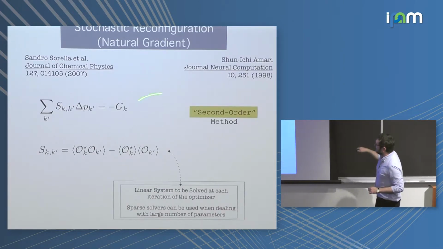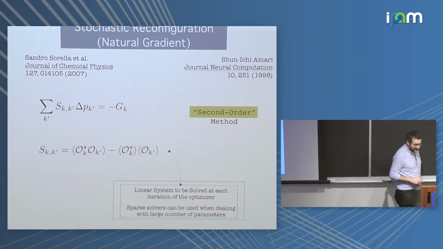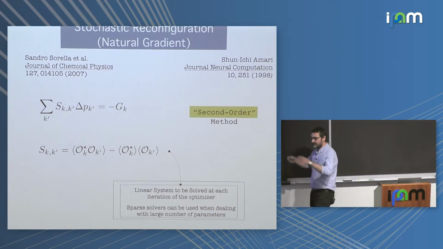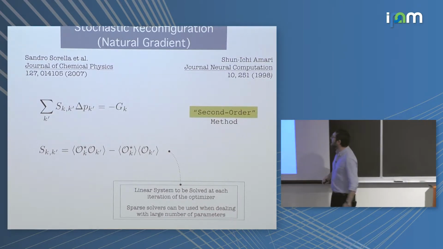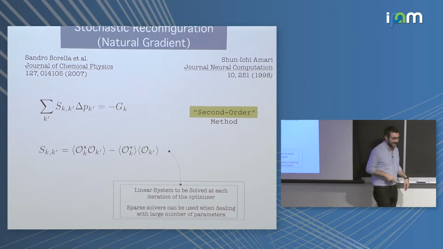Now, an interesting part from the machine learning perspective is that while people have been minimizing the energy stochastically for a long time, there has never been a strong connection with the standard machine learning literature.